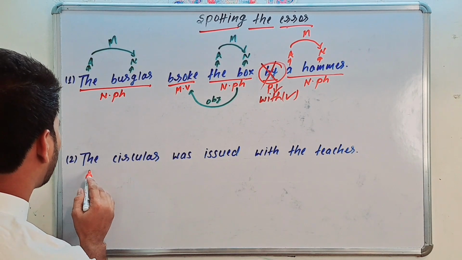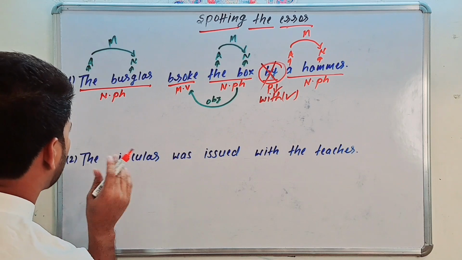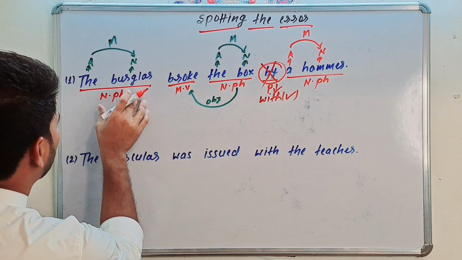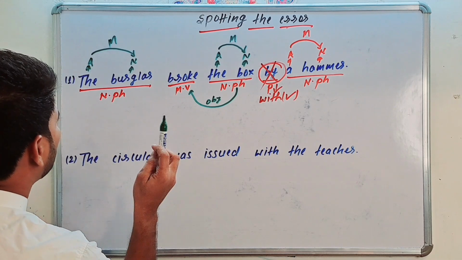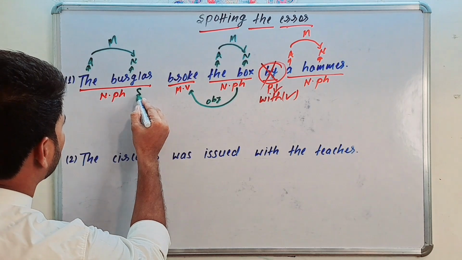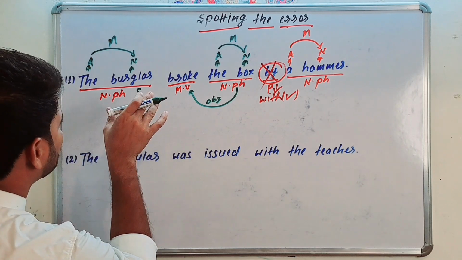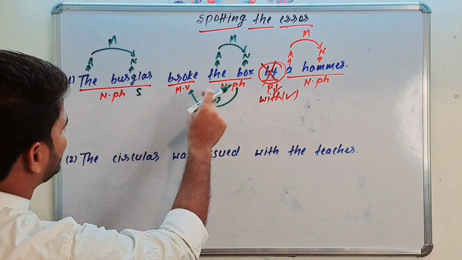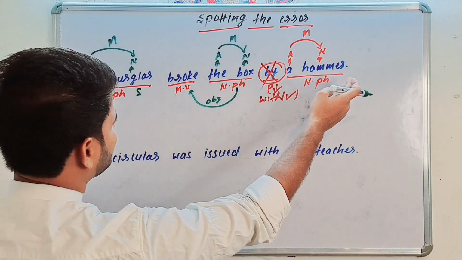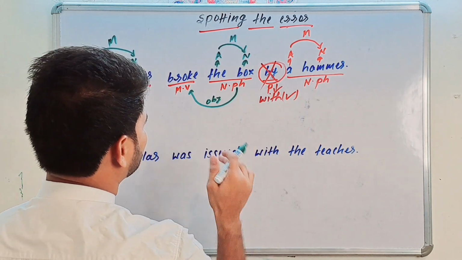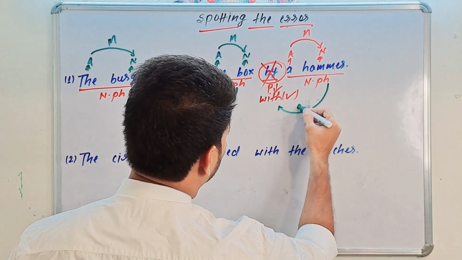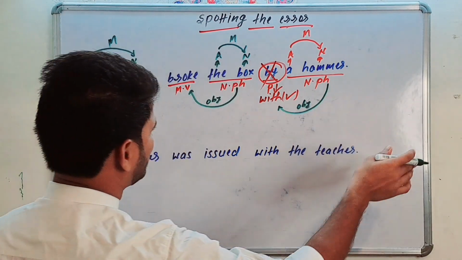Let's start here. Again, the sentence starts with the circular. One thing I forgot: the burglar here is a noun phrase working as a subject. Don't forget this. The burglar is your subject in this sentence, broke is the main verb, the box is the noun phrase object, and by a hammer has an object of preposition.